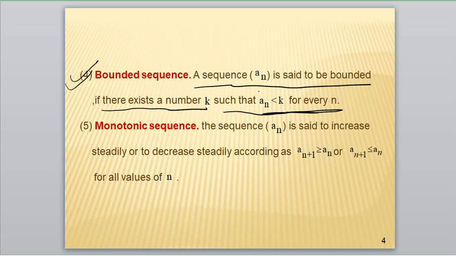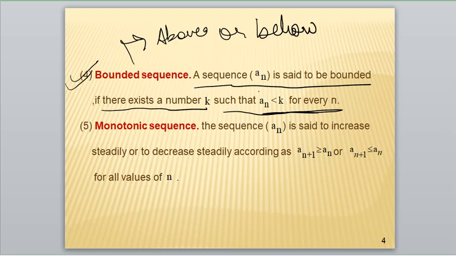Then it is called a bounded sequence, because it's bounded above or below. You need to understand there are two bounds. One is bounded above and one is bounded below. So you will have basically two parts over here, less than or greater than k. Just for bounded sequence, here you just write a_n is less than k.